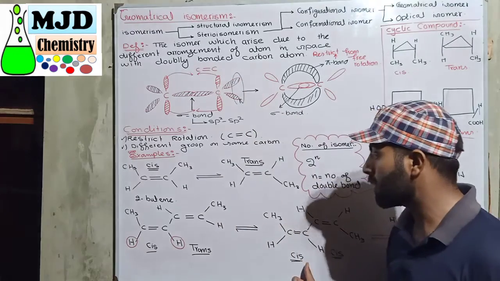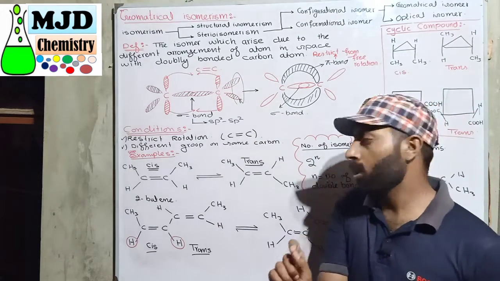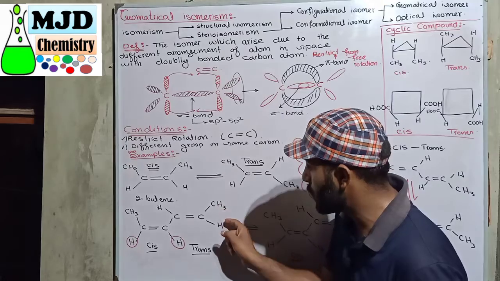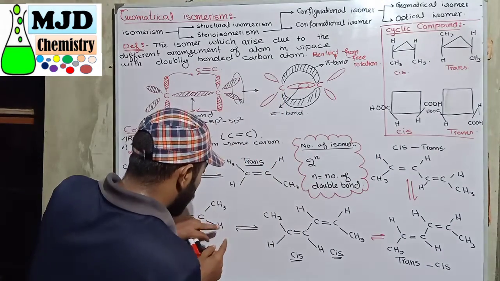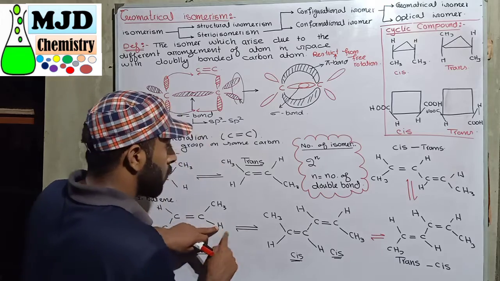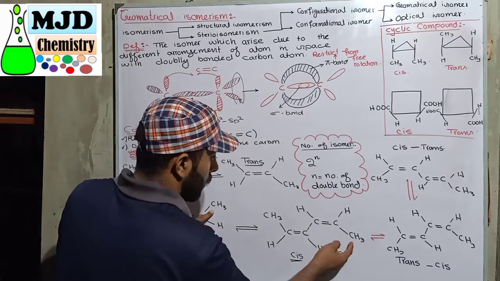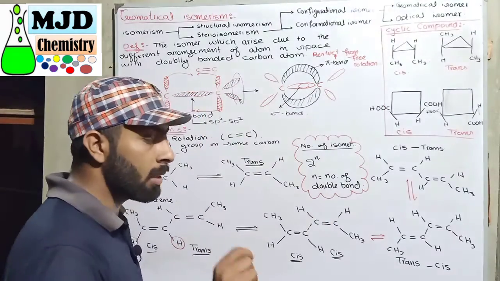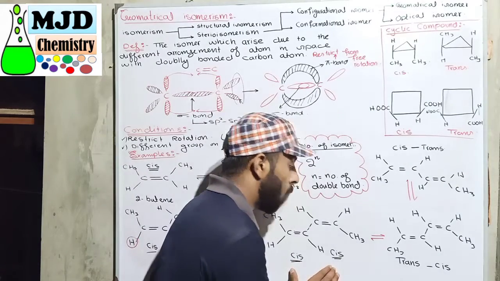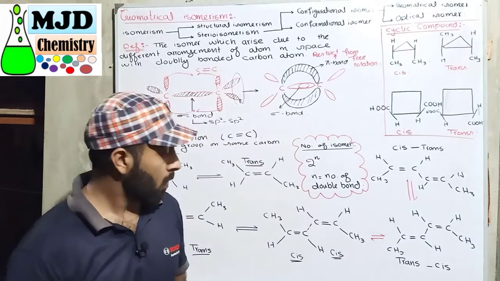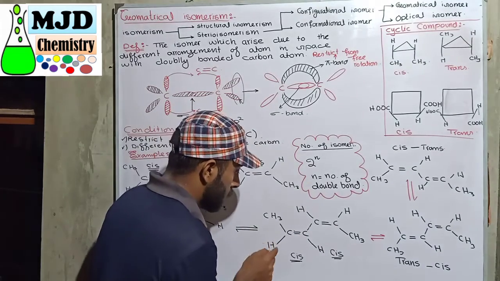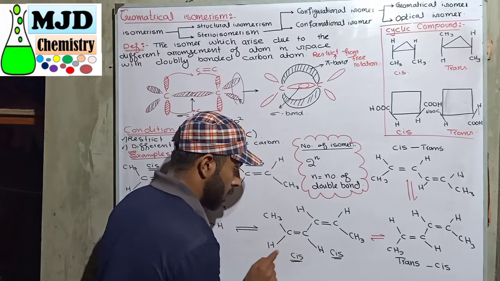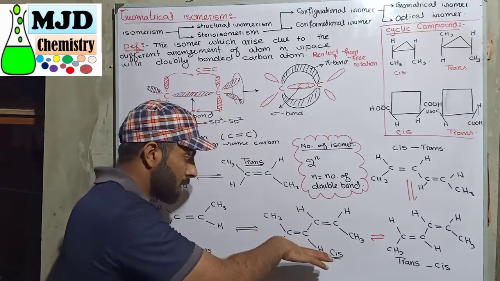In the second structure, I only change the position of these two groups. I put this hydrogen above and CH3 below. What is the name of this isomer? First of all, we see this carbon atom here. Two same hydrogen atoms are present below.